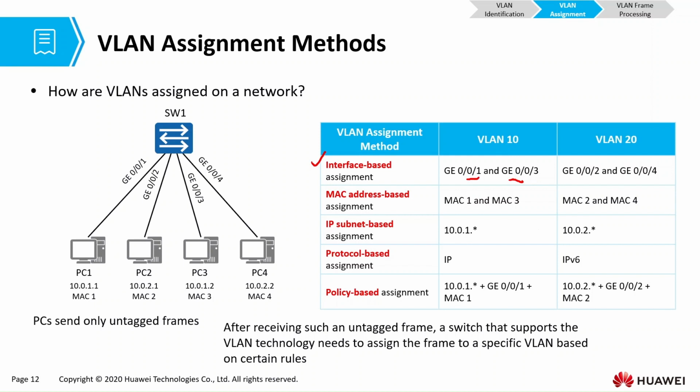Five methods: interface-based, MAC address-based, IP subnet-based, protocol-based, and policy-based. Protocol-based depends on what kind of protocol you apply, and policy-based is when you have configured some policy, and the VLAN is handled based on that policy.